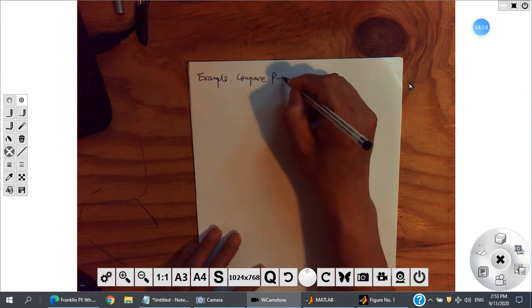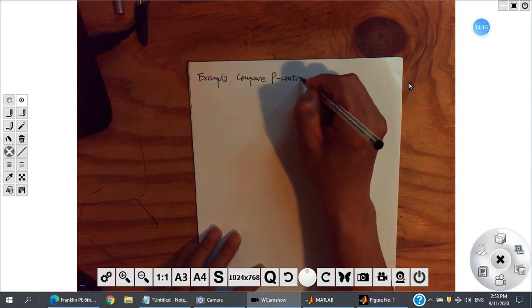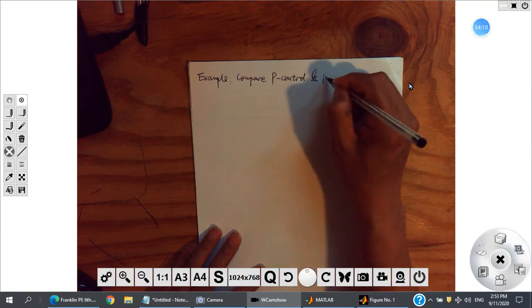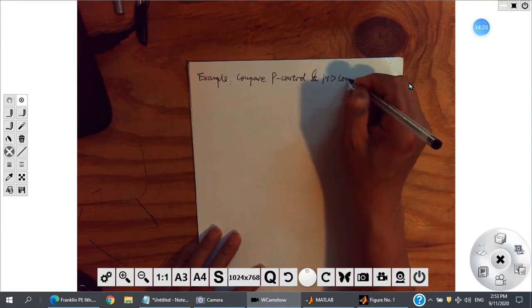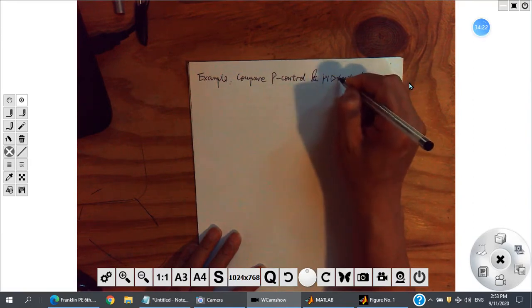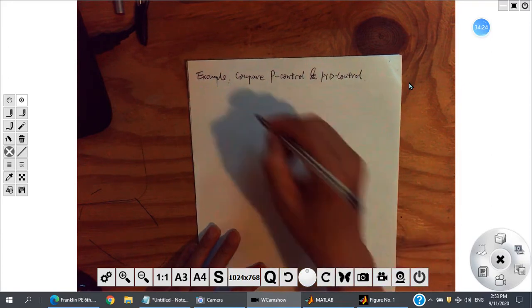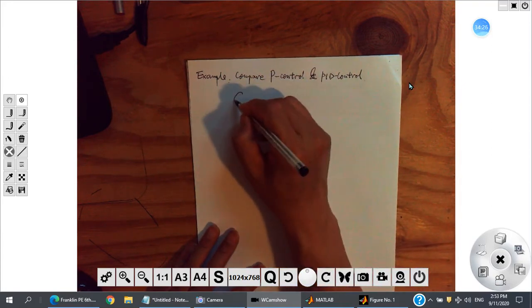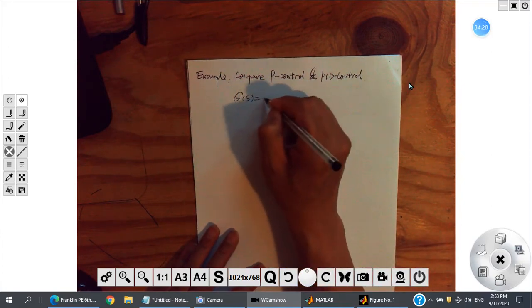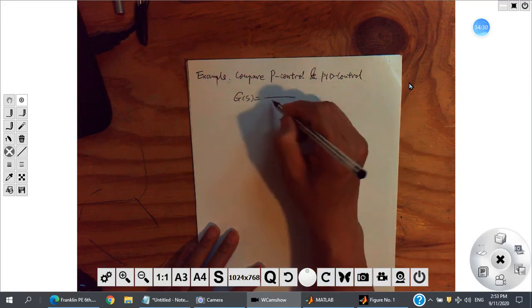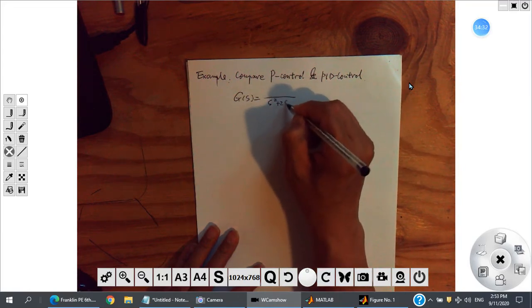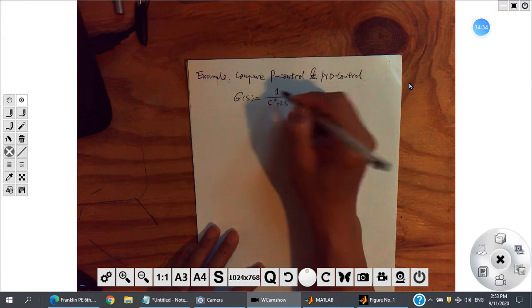For the plant, I choose G of s equal to 1 over s squared plus 2s. I use this as G.